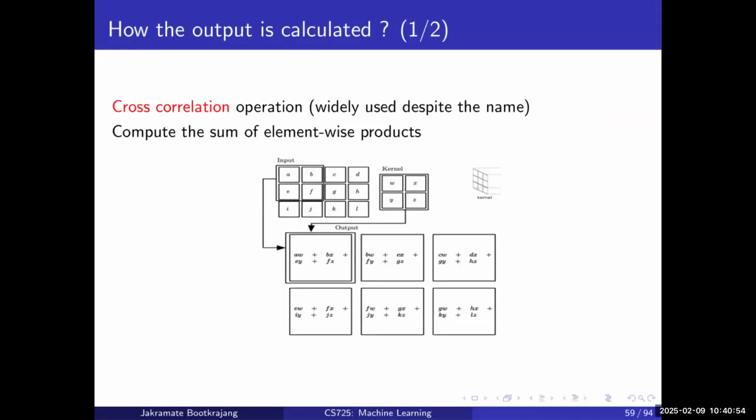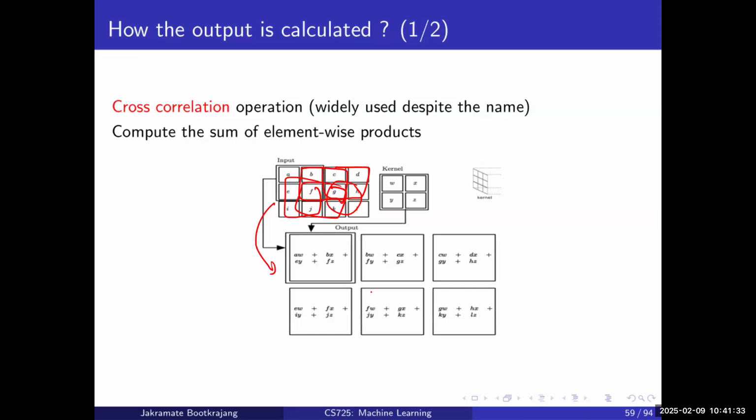When we have the kernel, let's say a 2 by 2 kernel, and we look at the input, which can be 4 by 3, you filter the kernel with the input region of the same dimension. You get one number, and then you slide over each pixel and get a number for each position.